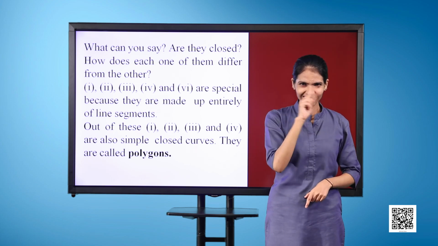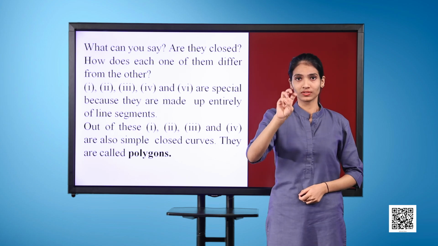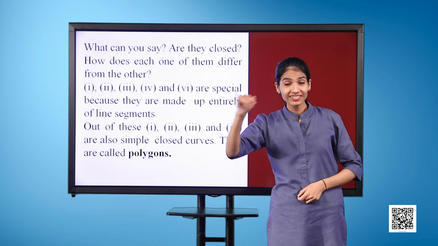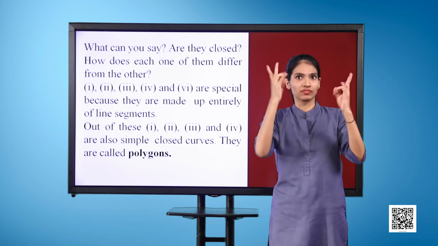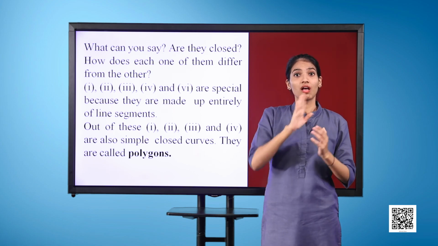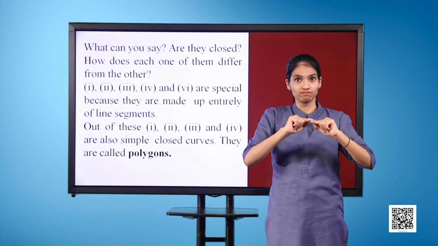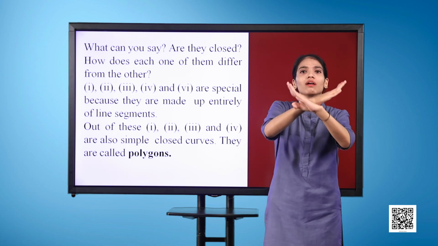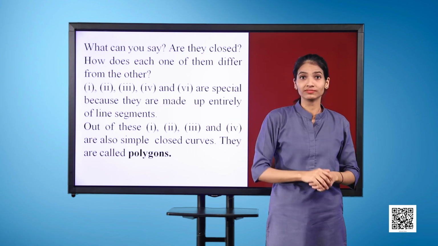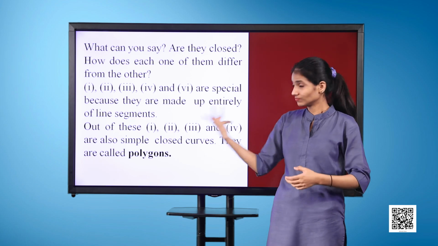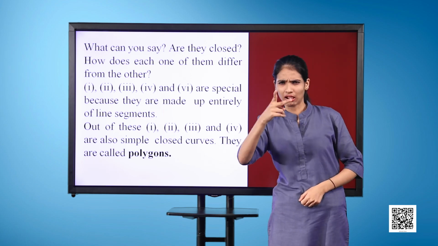How does each one of them differ from the other? 1, 2, 3, 4, and 6 are special because they are made up entirely of line segments. Out of these, 1, 2, 3, and 4 are also simple closed curves.